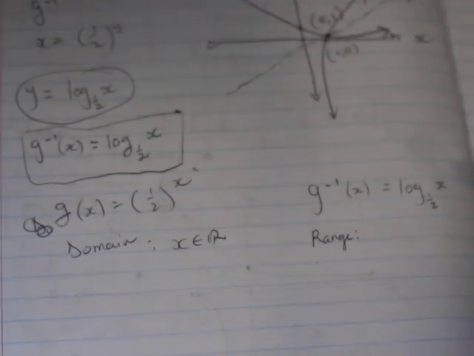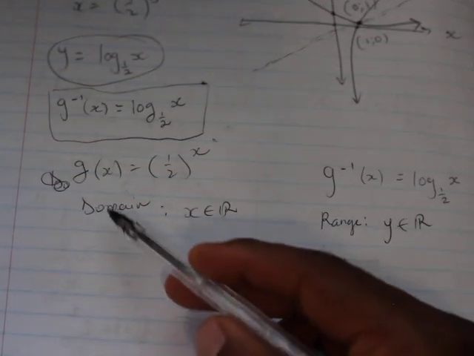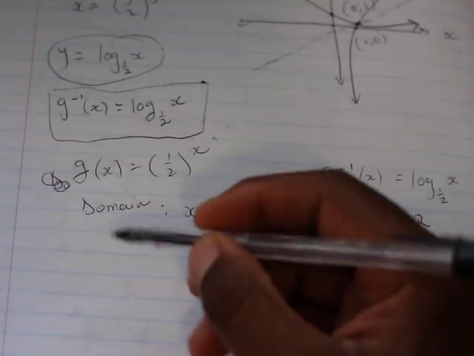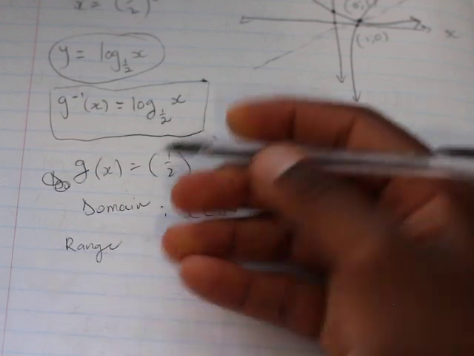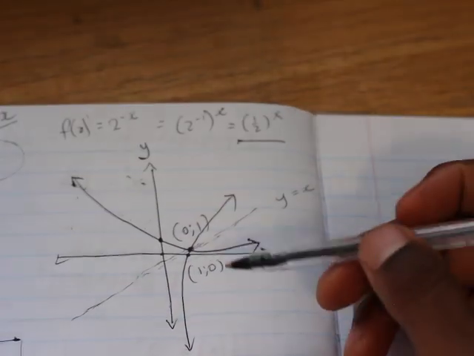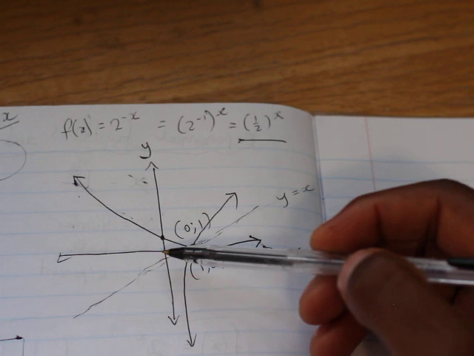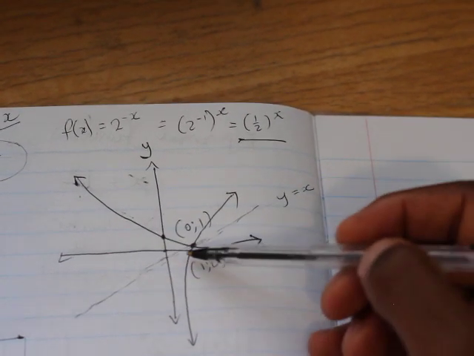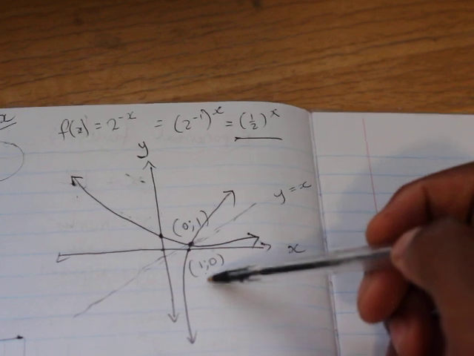Remember, the domain of the main function is basically the range for the inverse. So the range is just going to be y is an element of real numbers. Easy, isn't it? Now, what's the range for the main function? Obviously here we're talking about the y values. We know that y values cannot go beyond the x-axis, which is 0 there, meaning that y values will always be positive.